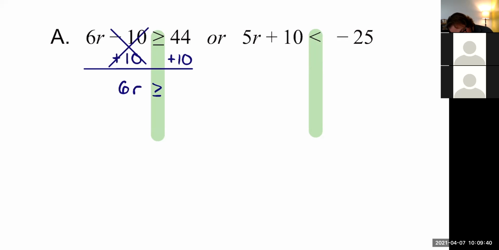Greater than or equal to 44 plus 10, which gives me 54. What's left to move? 6. It's right beside it, so I do the opposite of multiplication, which is division. Divide both sides by 6. So R is left on the left-hand side. Greater than or equal to 54 divided by 6, which I believe is 7.